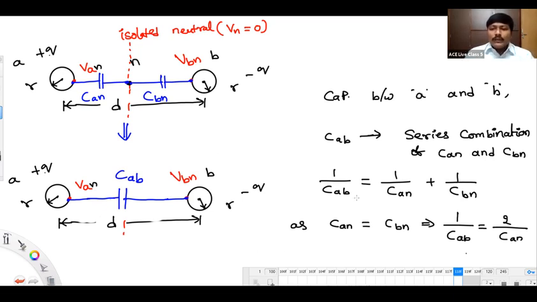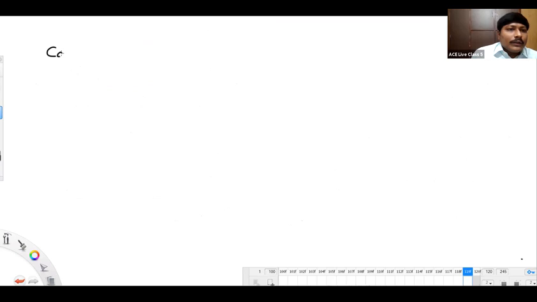Let's move to the next slide. The capacitance from A to B is nothing but CAN by 2.